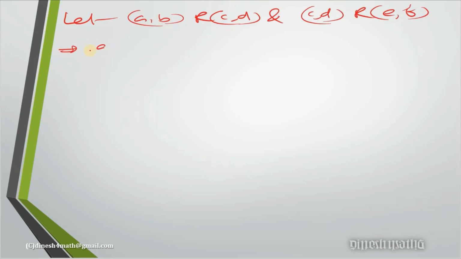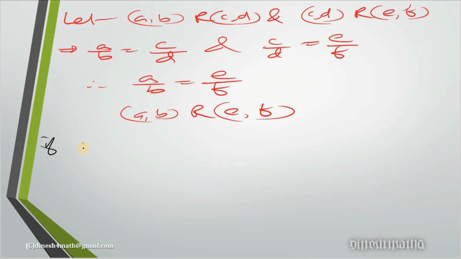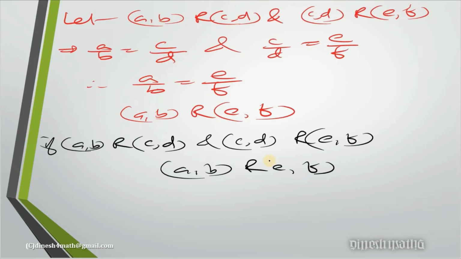So, this is A by B equal to C by D and C by D equal to E by F. Clearly if you combine these two equations, it will give A by B equal to E by F, and that gives (A, B) is related to (E, F). So we have the conclusion: if (A, B) is related to (C, D) and (C, D) related to (E, F), we get (A, B) related to (E, F). Hence the relation is transitive and it is an equivalence relation.